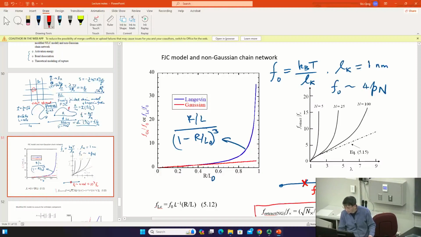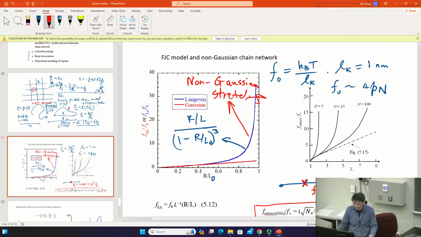You can actually build a model for it and write this for a network of such chains, meaning chains reaching, this is what is clearly so-called non-Gaussian stretching. Okay. And this is fairly unsatisfactory.